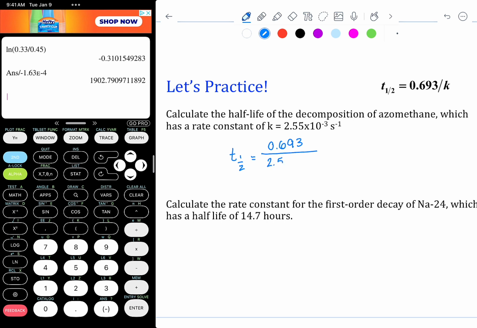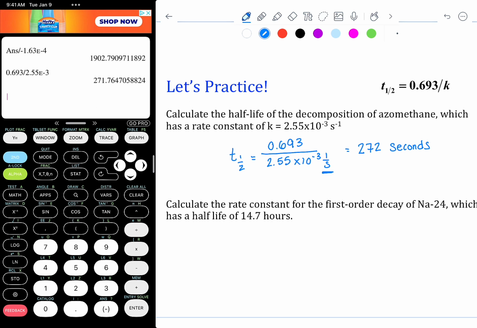So 2.55 times 10 to the minus 3 1/seconds. So we take 0.693, we divide it by 2.55 times 10 to the minus 3, and we get a half-life of 271.72 for 3 sig figs, and that's going to be in units of seconds because our K is given to us in units of seconds.